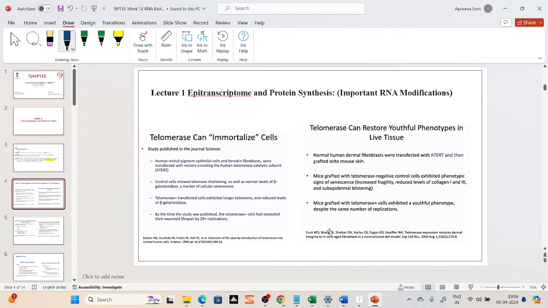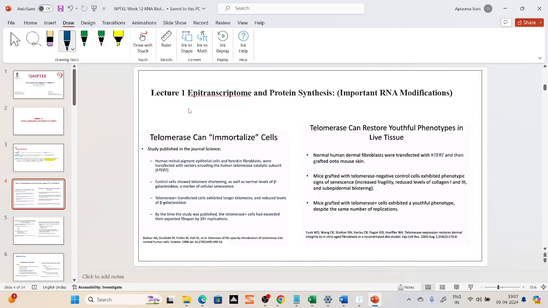These telomerase enzymes can immortalize the cells. We have studied that there are different kinds of cells in our body: somatic cells, cancerous cells, and germ cells. The telomeres gradually shorten in somatic cells, but in germ cells and some stem cells, the telomeres are maintained at a constant rate because telomerase enzyme is present.